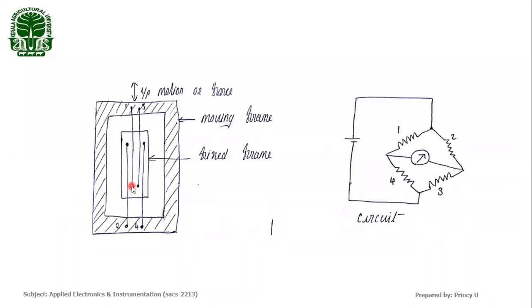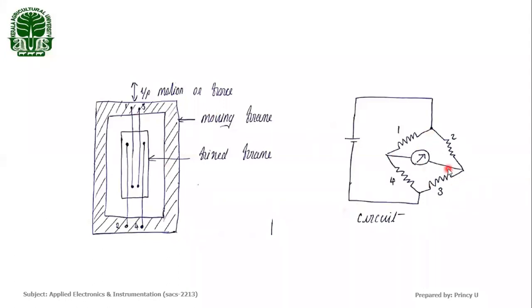Motion in the opposite direction produces the opposite effect. When the movable frame moves in the upward direction, 1 and 3 become tensed and wires 2 and 4 become compressed.